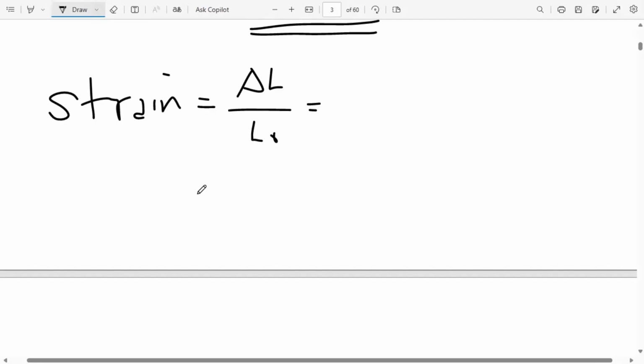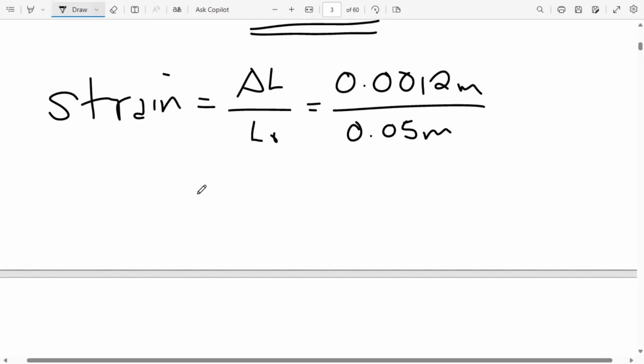We've already been given the change in length, which is 0.0012 meters, over our initial length, which is 0.05 meters. That means our strain is equal to 0.024. So this is just a ratio, hence it's dimensionless.